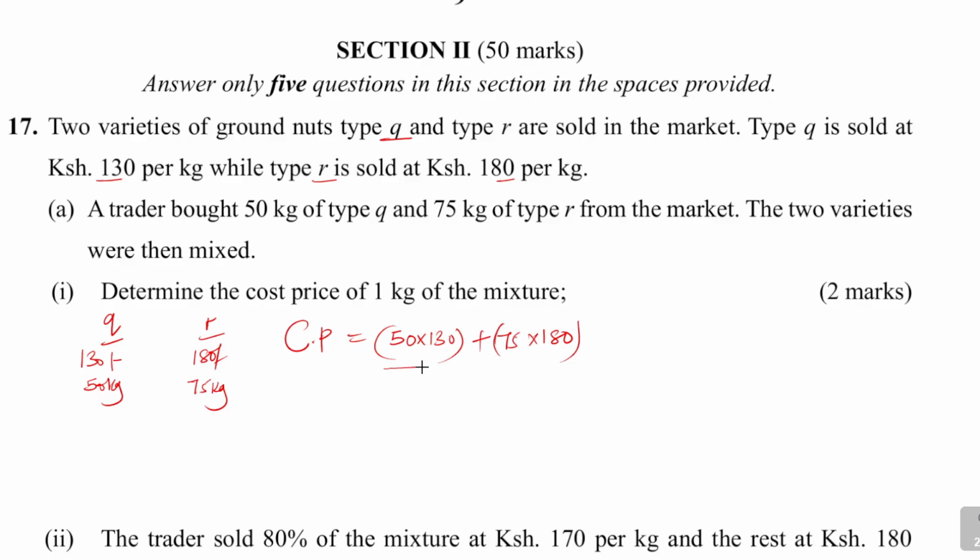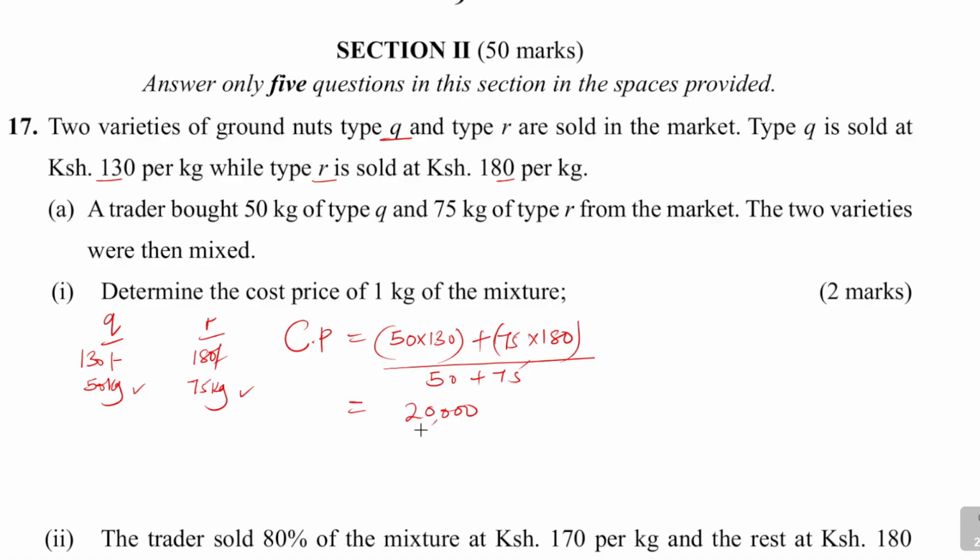And then from there we divide by the total mass, because you're getting the mixture. So 50 kg plus 75, that is how you get the cost price of 1 kg of the mixture. When you work out this using a calculator, 50 multiplied by 130, plus 75 multiplied by 180, that gives 20,000.